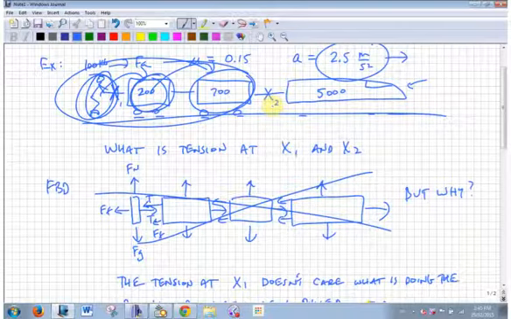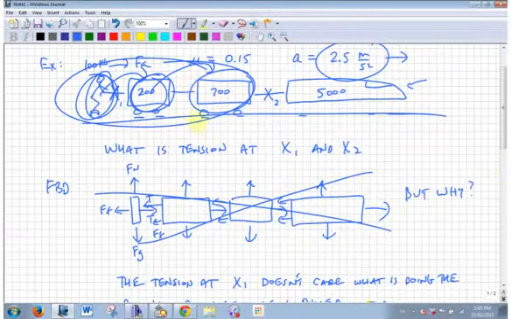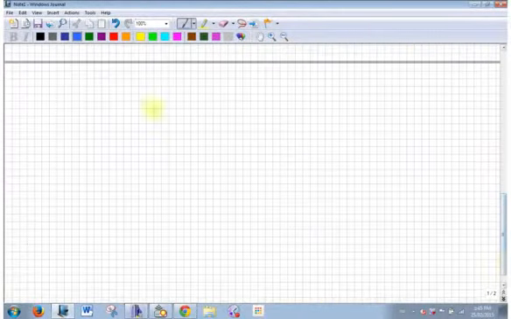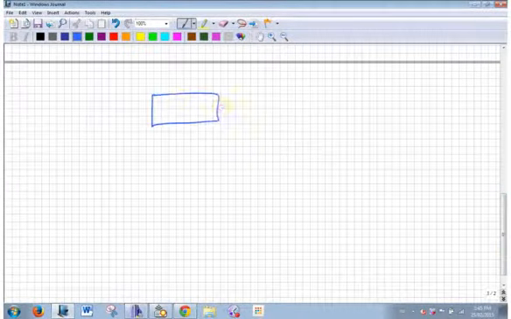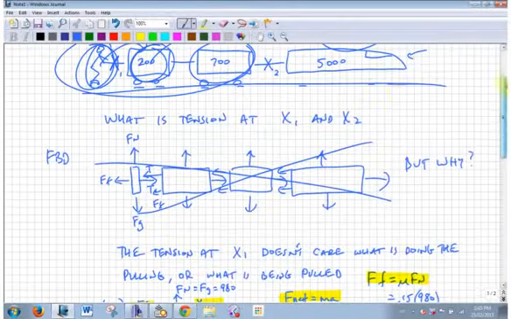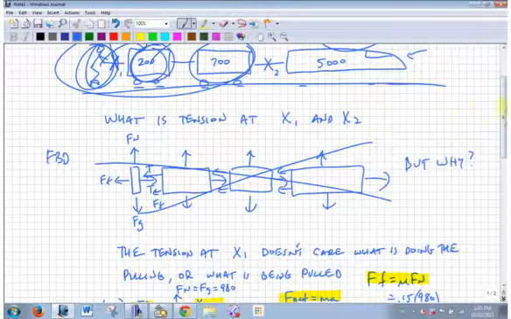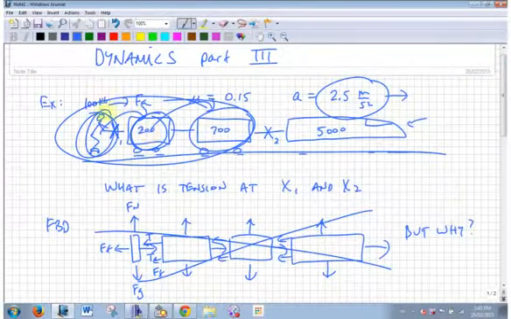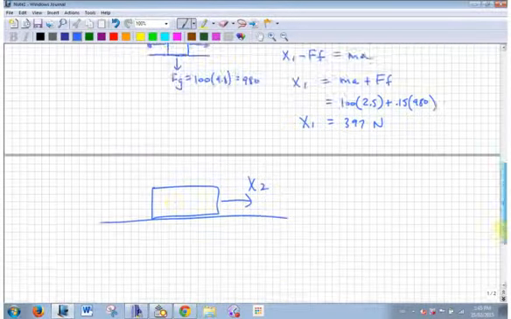Okay, does that make sense? The friction's the same for every car. It's all kilograms. Let's just treat it like for X2, I have this. Okay, one block. What was the mass? 700 and 200 and 100. That's 1,000 kilograms.